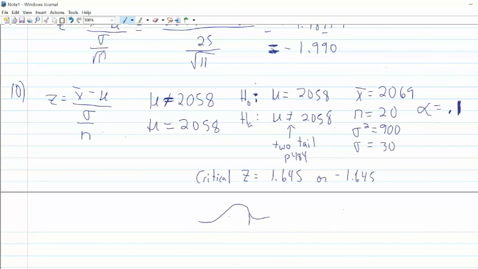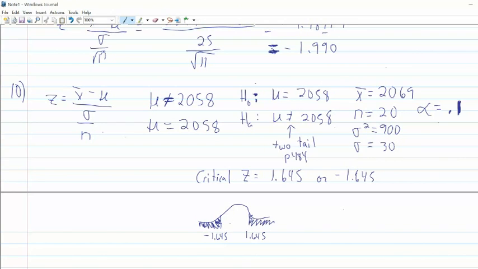So there's a z right here of 1.645, and a z right here of negative 1.645. If our test statistic is greater than 1.645 or less than negative 1.645, then we reject the null hypothesis. If it's in between these two, we fail to reject the null hypothesis.